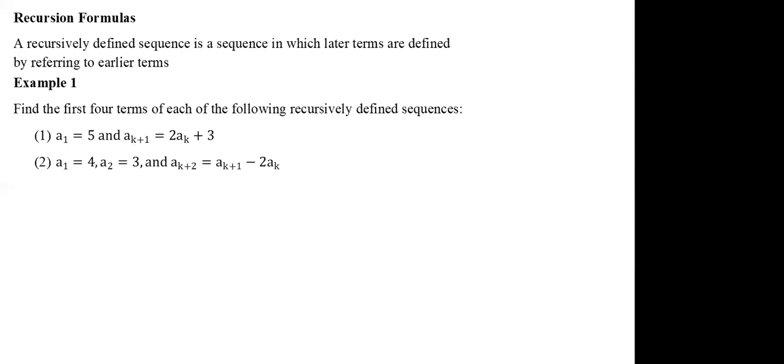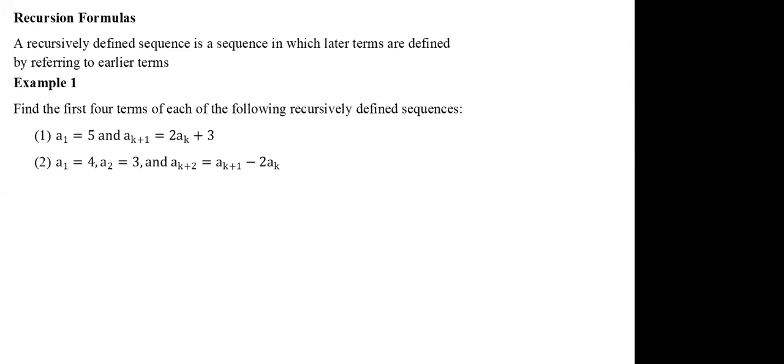There's no way you can know a particular term without knowing the one before it. If I want to know the 9th term of a sequence, I need to know the 8th term before knowing the 9th. That is what is called a recursive sequence.